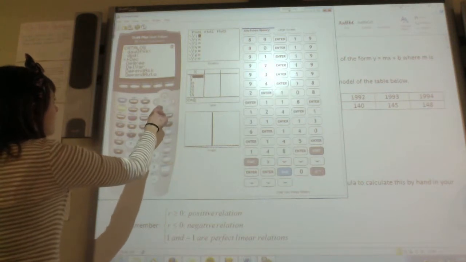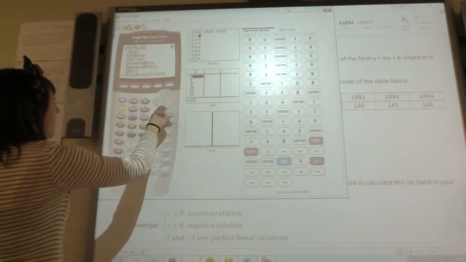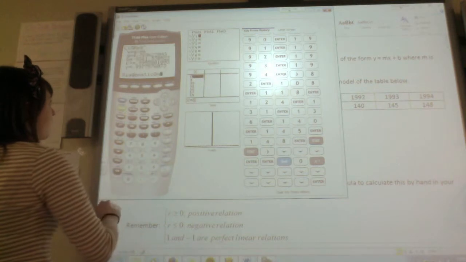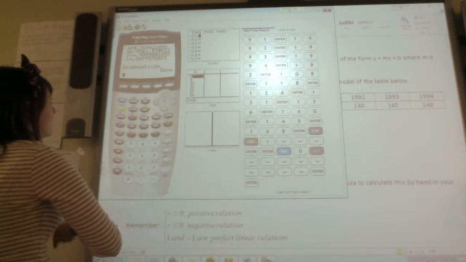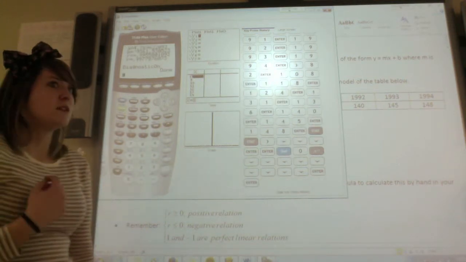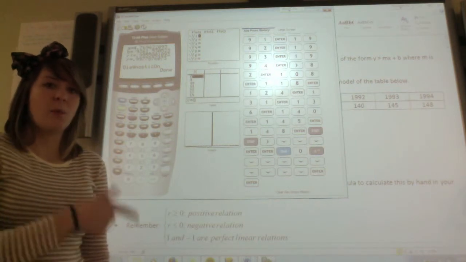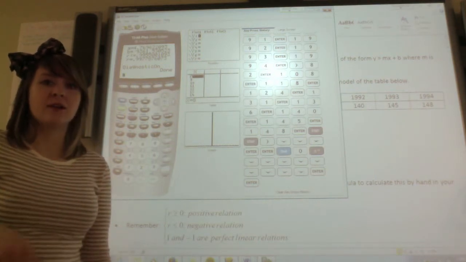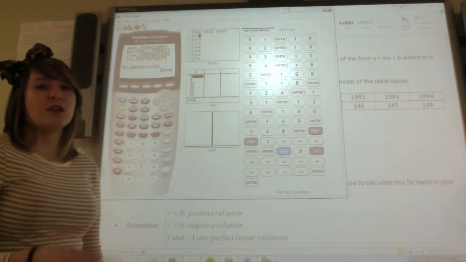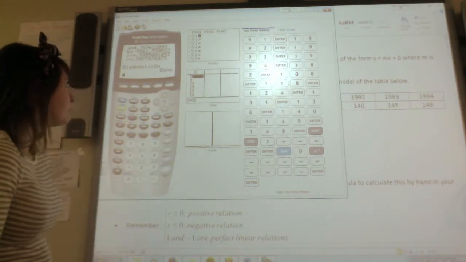Then you want to arrow down until you find DiagnosticOn, and hit DiagnosticOn. Now that has created the r values for you. So you can go back into Stat, Calc, LinReg, and then it'll now give you the r values.